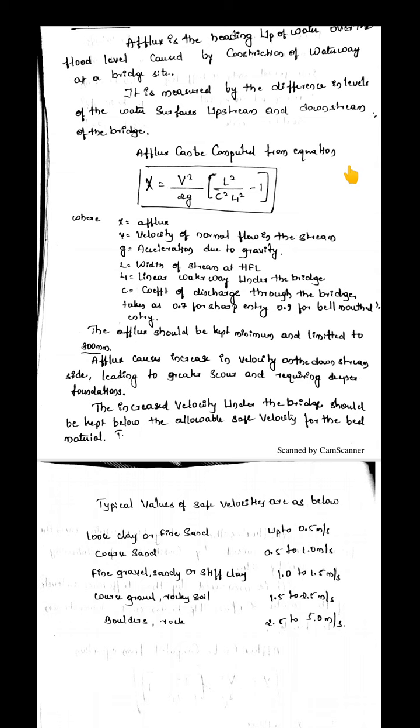When it is a loose clay or fine sand, the velocity should be kept at a minimum, that is 0.5 meter per second. If we increase the velocity, what happens? In the case of loose clay and fine sand, if our velocity is 2 to 3 meters per second, there will be more erosion of the soil, because it is loose clay and fine sand.